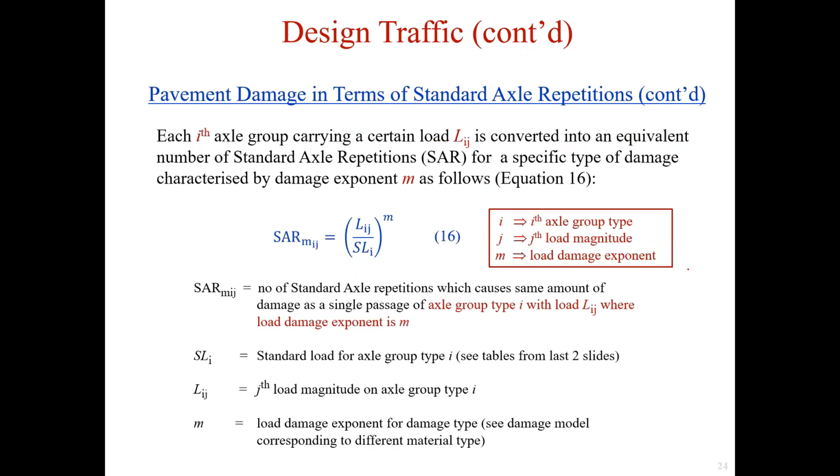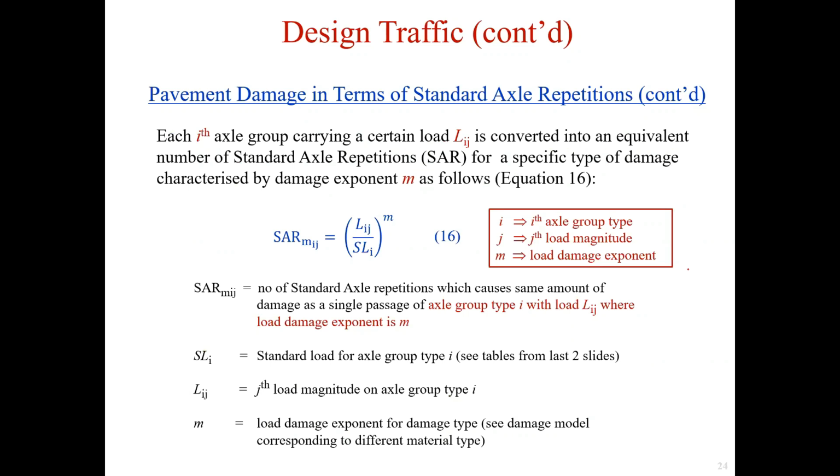For each axle group carrying a certain load Lij, it could be converted into an equivalent number of standard axle repetitions for a specific type of damage characterized by damage exponent M, as in the following equation.